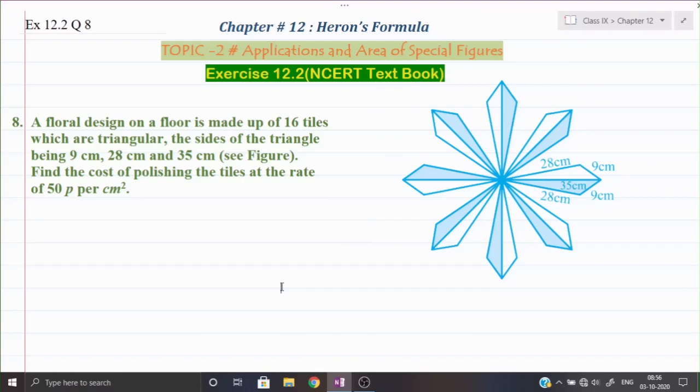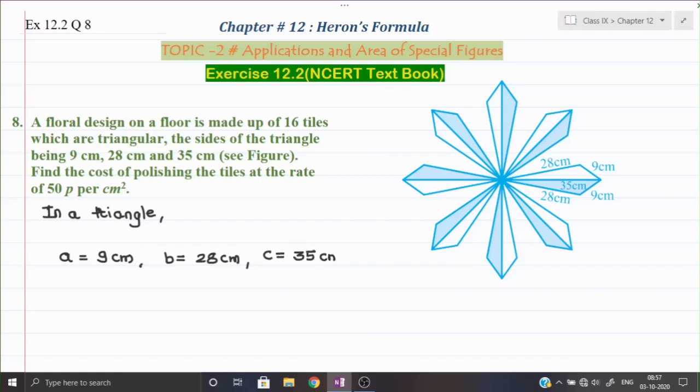Okay, so first of all we will say here, in a triangle, what we have been given: 3 sides. So the 3 sides we can take as A is equal to 9 centimeter, B is equal to 28 centimeter, and C is equal to 35 centimeter.